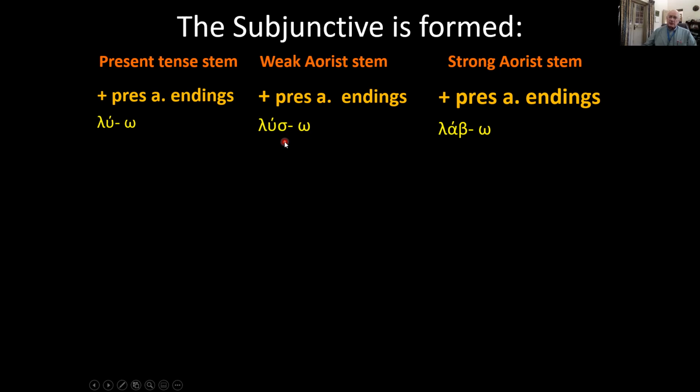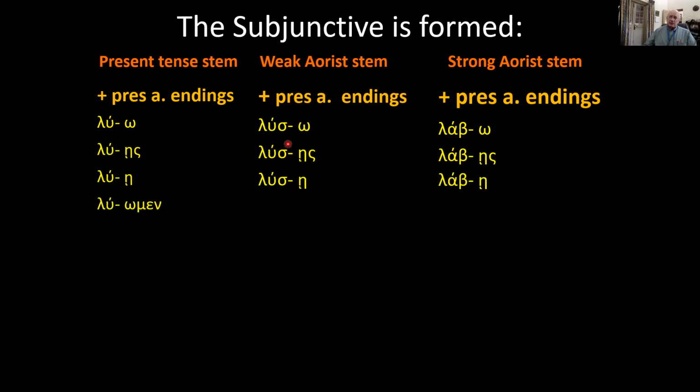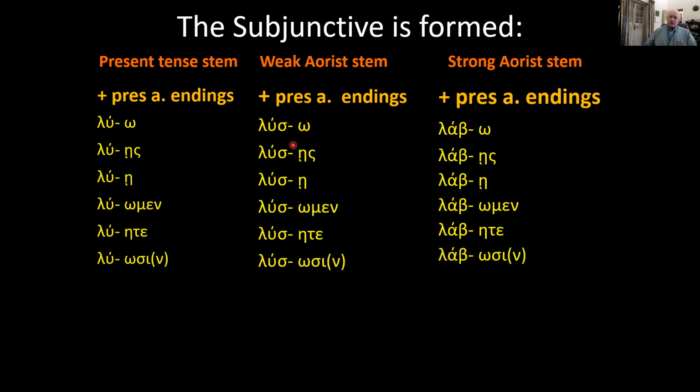Again, in the subjunctive, there is no augment. So look, in each case, we see that we are using the lengthened endings, not o, es, e, omen, ete, ousi, but o, es, e, omen, ete, osen. And we're adding those to the aorist stem in the case of the aorist tense. We've added the subjunctive endings to the aorist stem, but there's no augment at the beginning.